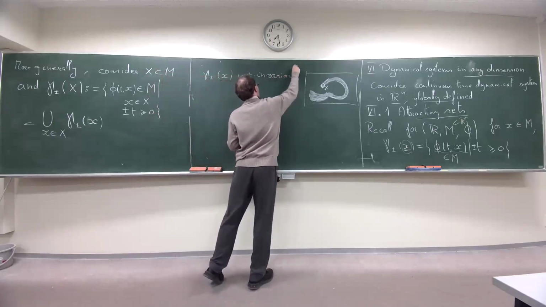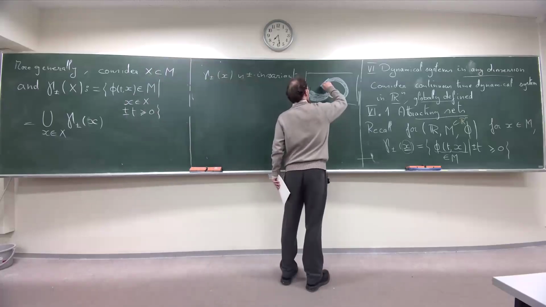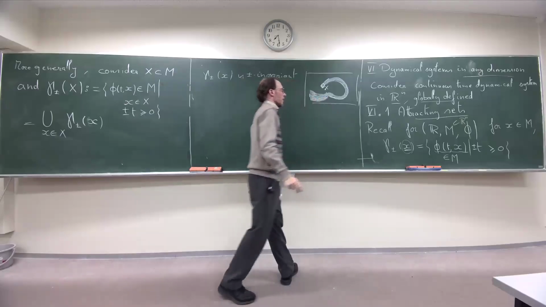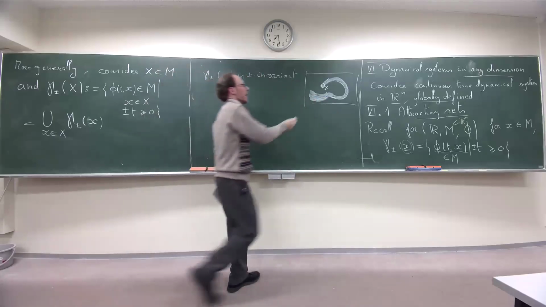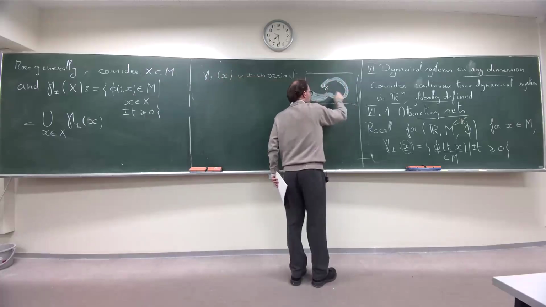Remember, this is a trivial observation. If you take one trajectory and you pick any point inside, then its trajectory will also be inside.